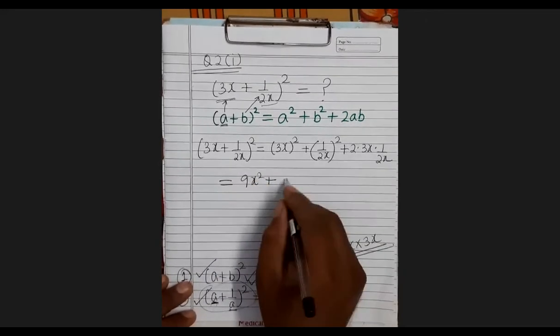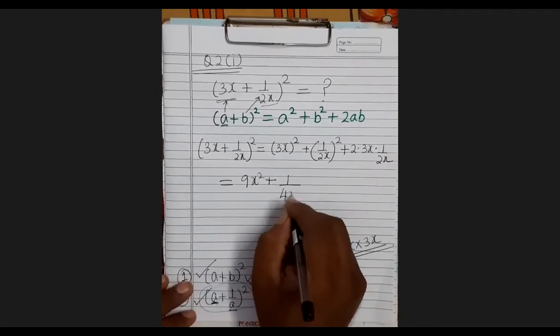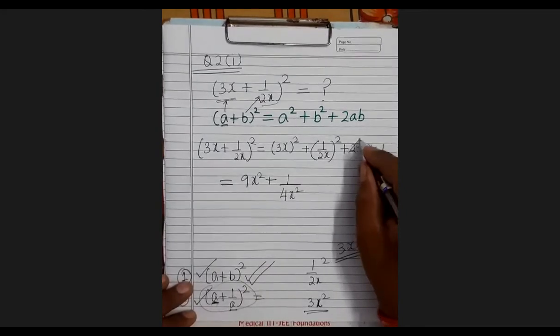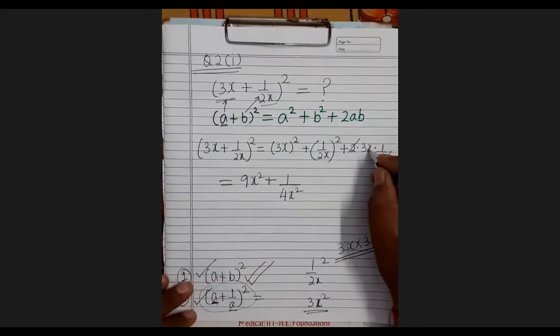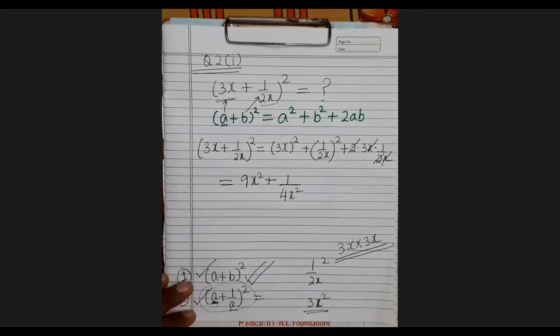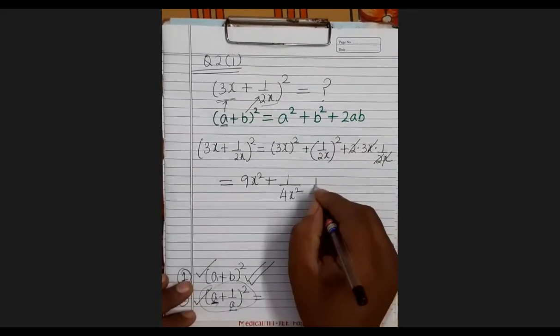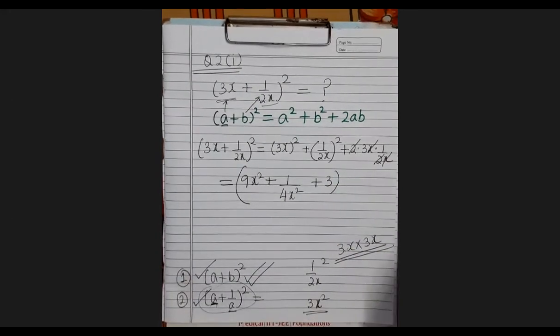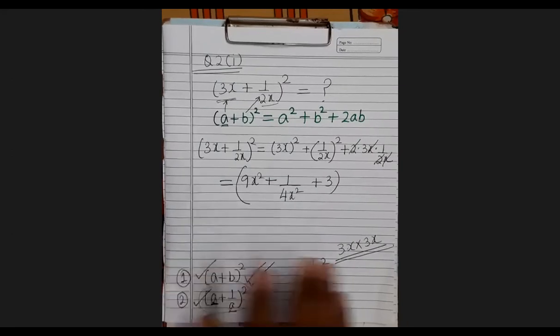Plus 1 upon 4x square. Then 2 and 2 cancel, x and x cancel. What will be left here? 3. 3 is left. So 3 by 2 is the answer. Is it clear?